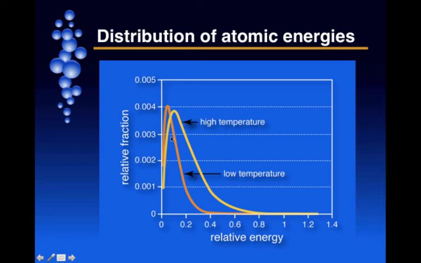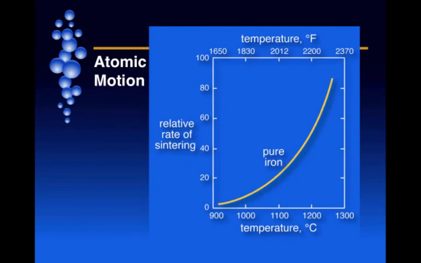As temperature is raised, you can see that the curve shifts more to the right, and so there is a greater population of high energy atoms in this region over here. So more atoms are available with high energy that can facilitate diffusion. So what does this translate to in terms of sintering?